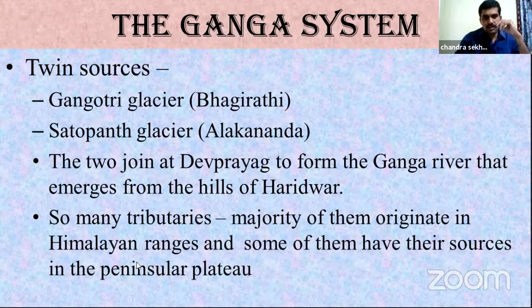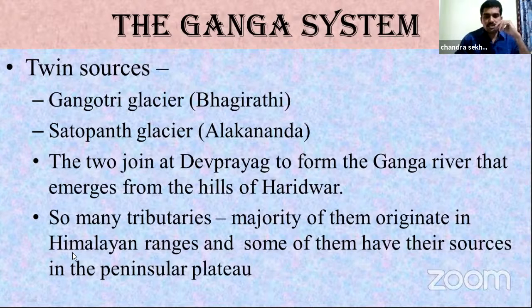The Ganga river has many tributaries. The majority of them originate in the Himalayan ranges, and some have their sources in the peninsular plateau, like Yamuna, Son, and Damodar.